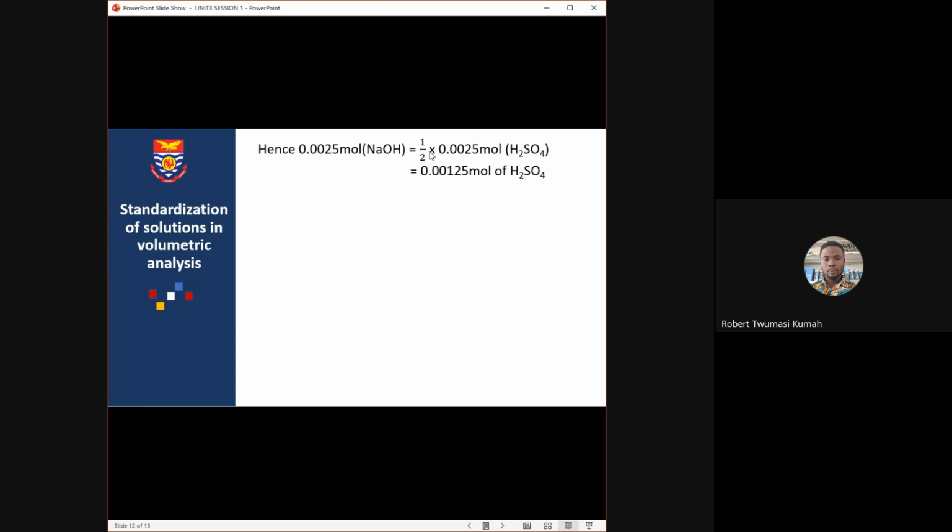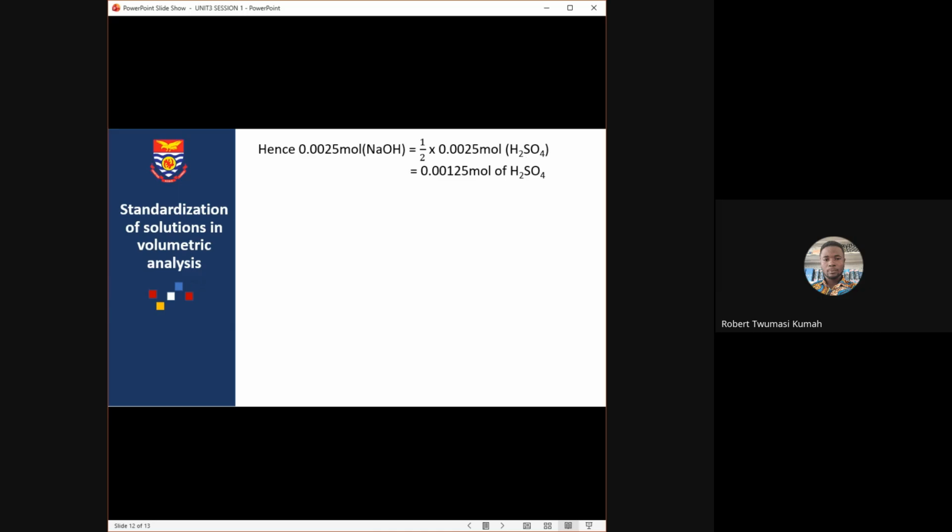That is the agreement. When we get this way, it will be easy for us. So we have agreed that whatever you give, I'll give half. So if we've gone there and you are giving 0.0025 Ghana cedis, I only look at half of it, and that's what I'll give. So half of 0.0025 is 0.00125 moles of the H2SO4.